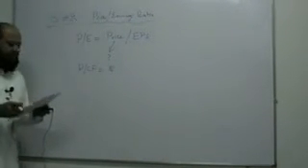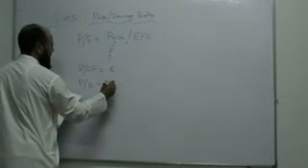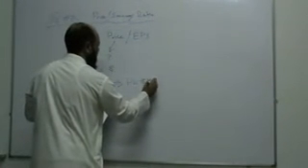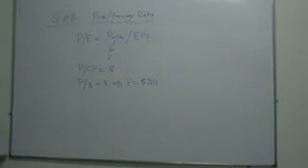Now the cash flow per share is $3. So price divided by 3 is equal to 8. So from this equation we can find out price is equal to $24. From price per cash flow we can find out the price.